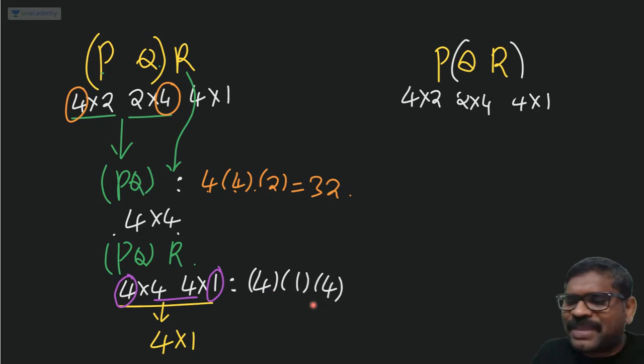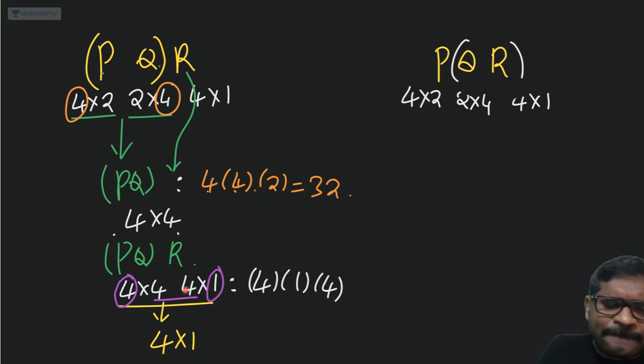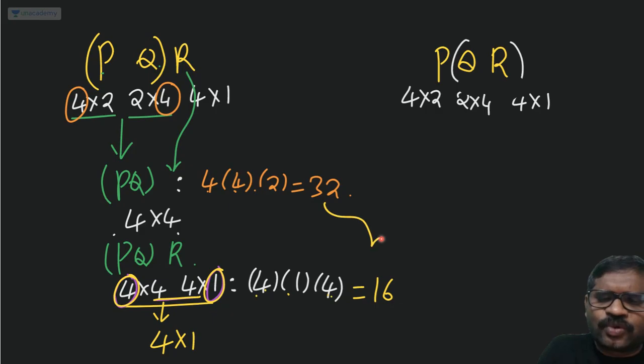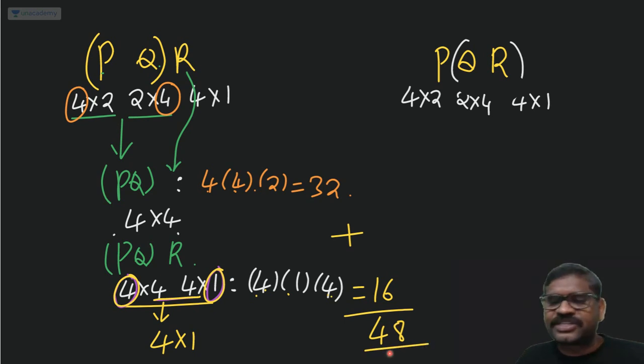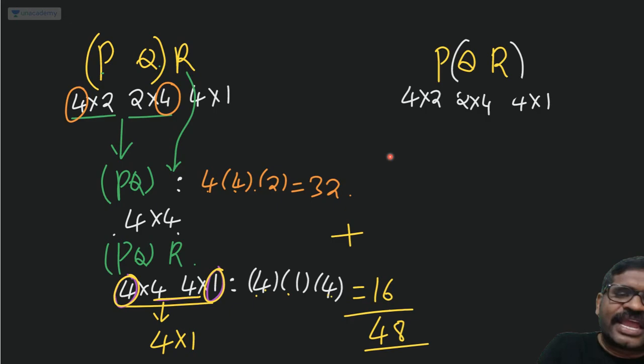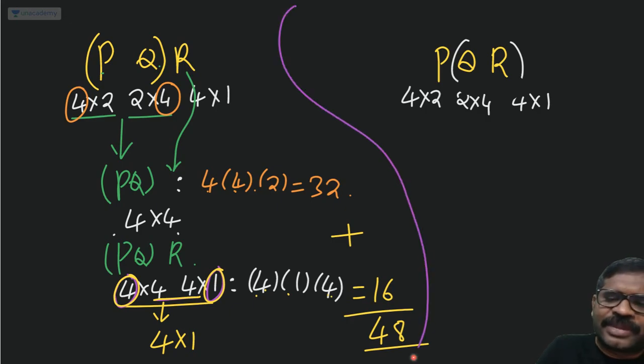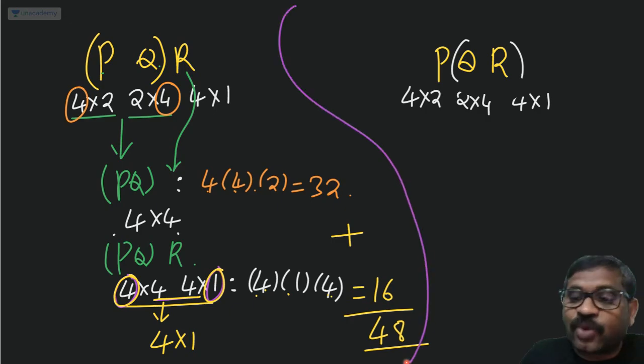Formula mpn. 4 into 1 into 4, that is 16. 32 plus 16, 48. Understood? The first student has applied 48 multiplications to get PQR.